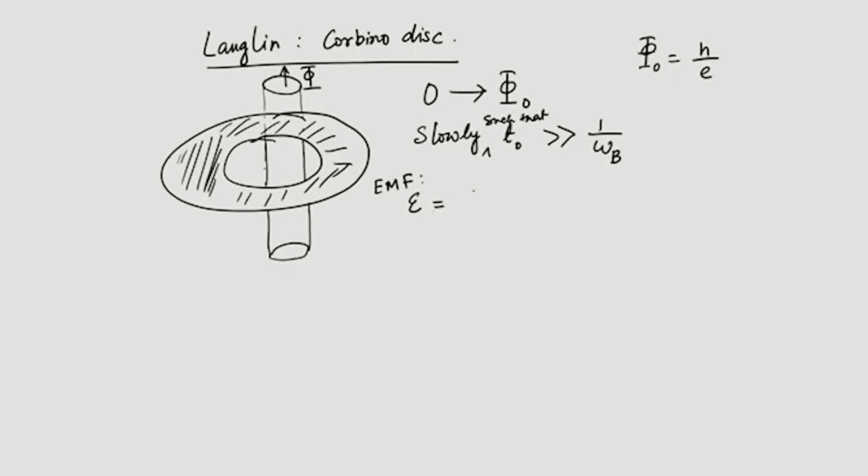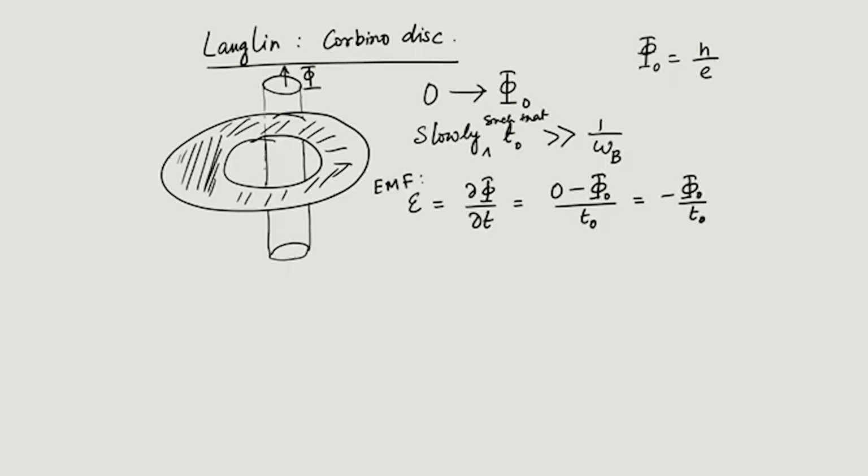And this is equal to nothing but del phi del t, where del phi is the change in the flux, or d phi dt if you wish. So over a time t0, going from 0 to phi 0, the EMF developed is given by phi 0 by t0.